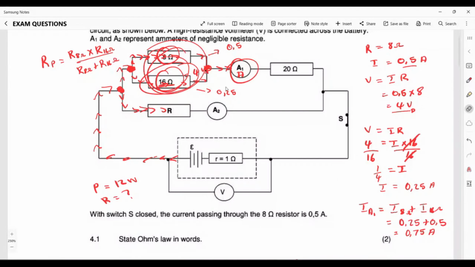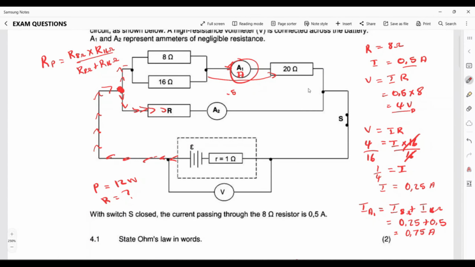Let me clean it up a bit. Yes, we can find the resistance over there. After finding that resistance, we can add it to the other resistance, because from there they will now be in series with each other.